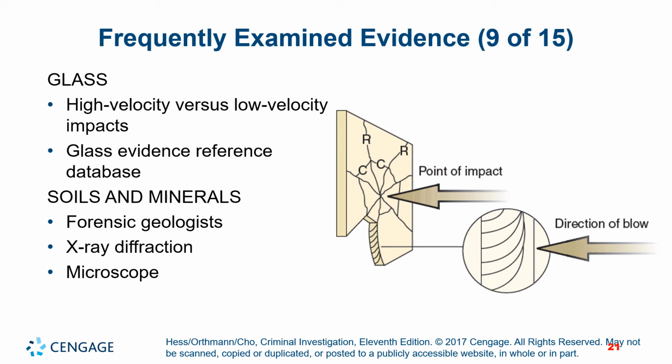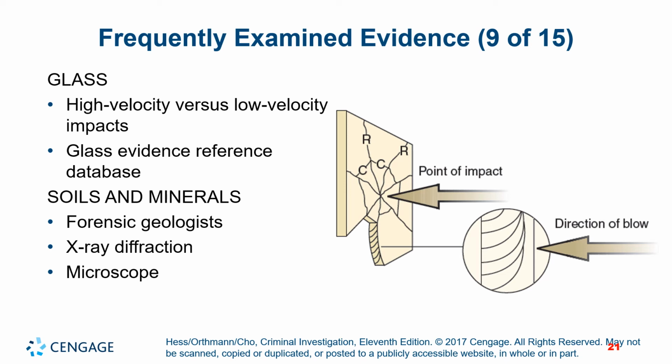Soils and minerals are also frequently, well, almost always used, particularly if there is soil found inside of a crime scene, tracked to a crime scene, just outside of it, or if the crime scene takes place outside.